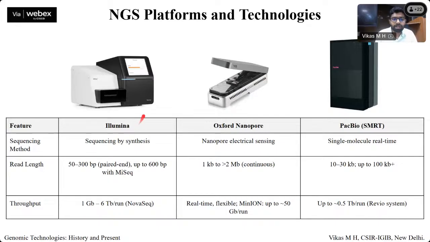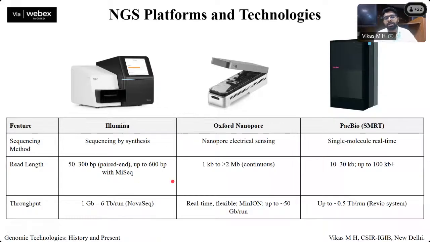The one that most people around the world use is Illumina. It uses a sequencing method called sequencing by synthesis. It uses the normal replication process that happens in a DNA molecule using polymerase enzyme, and we leverage that fact to actually determine which base is present in the sequence of DNA.